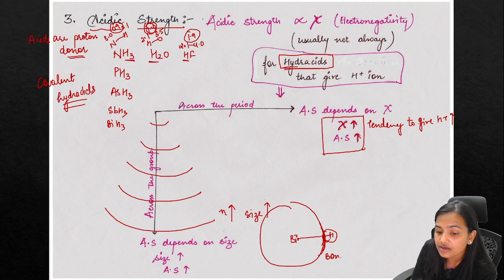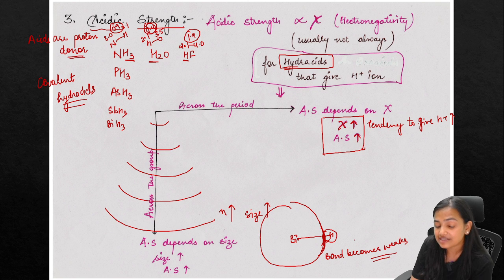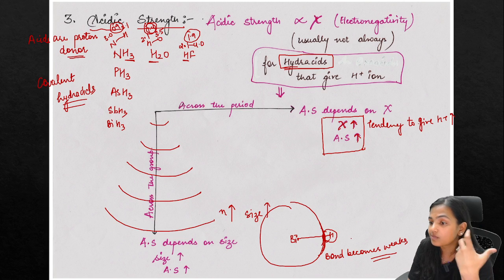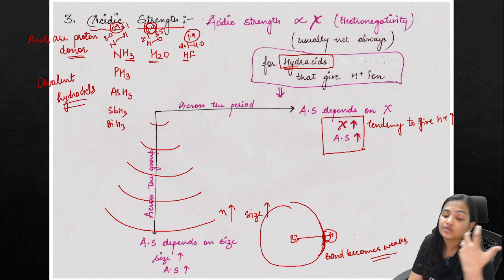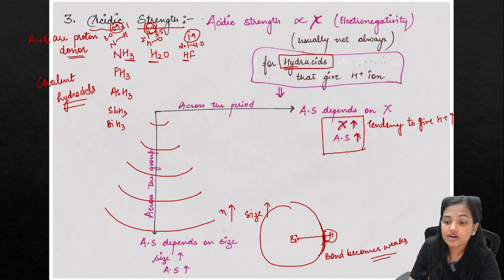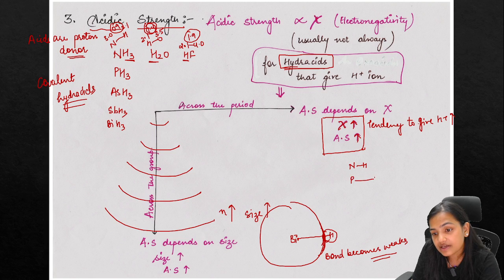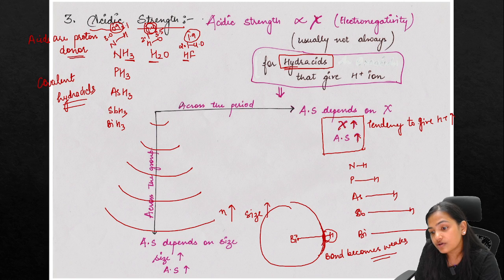So here the bond becomes very weak, and as the bond becomes weak, it will be broken very easily and can give you H positive easily. If you see the comparison in NH3, PH3, AsH3, SbH3 and BiH3, the bond length is increasing.